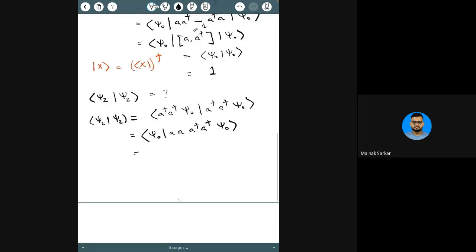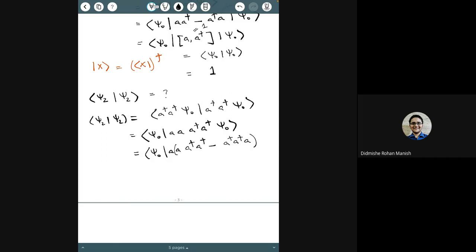Okay. You can just relate with psi 1, right? I mean, it will just be the normalization of psi 1 if we repeat the exact same steps as before.